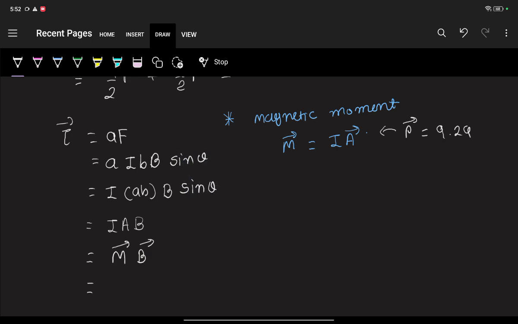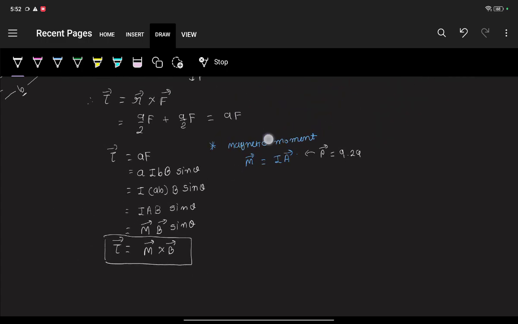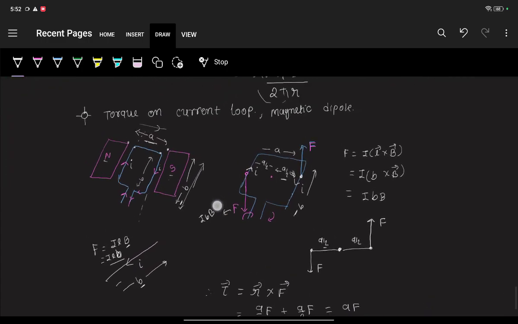So if you write it this way, it will become M cross B. So this is the torque acting on a current loop. This was our core purpose, finding the torque on a current loop.